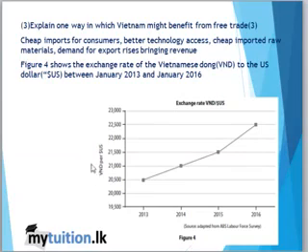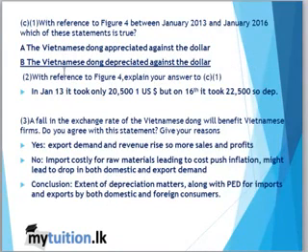The amount of Vietnamese dong to pay for US dollars has increased. So earlier to get the US dollar, they had to pay only 2,500. Now they have to pay 22,500. So what has happened?